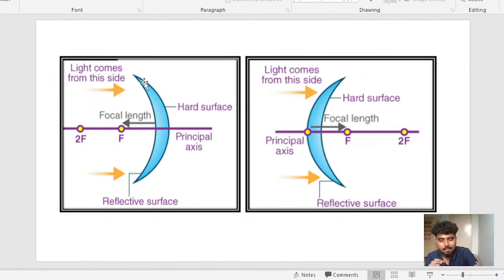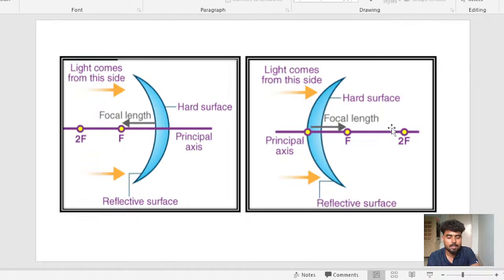I will repeat it again. This is a concave mirror. This line represents the principal axis and this point is the pole. This point is called focus, not focal length. And this 2F represents the center of curvature C. The same applies to the convex mirror.